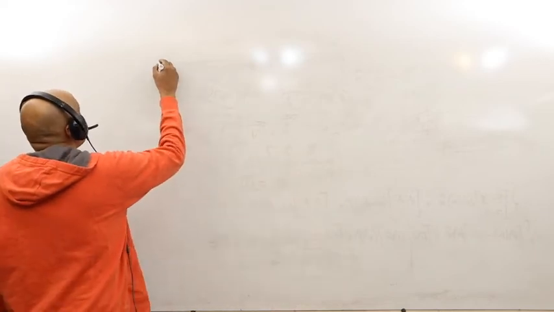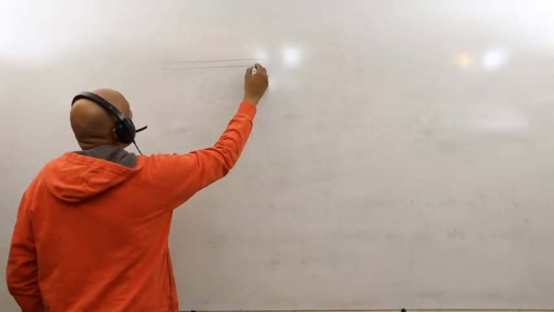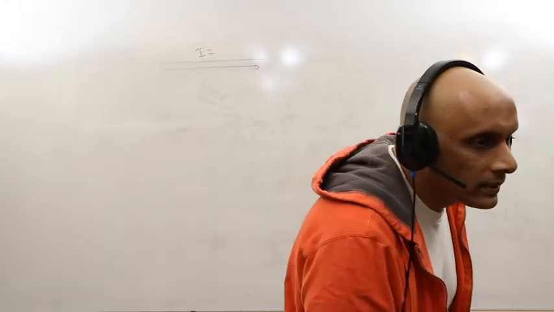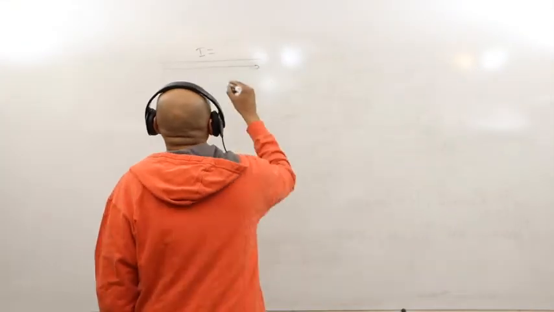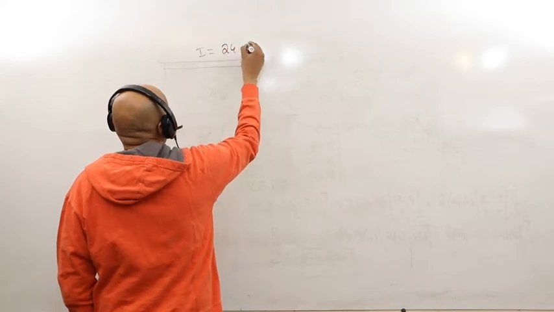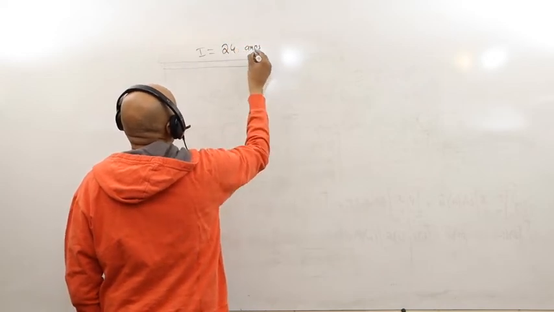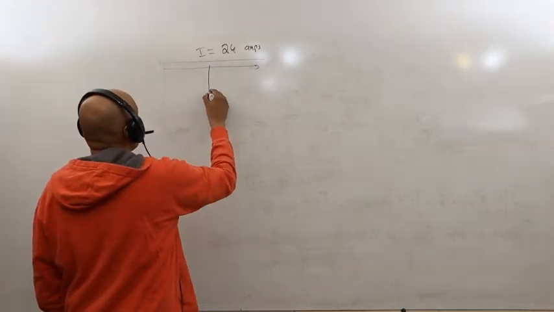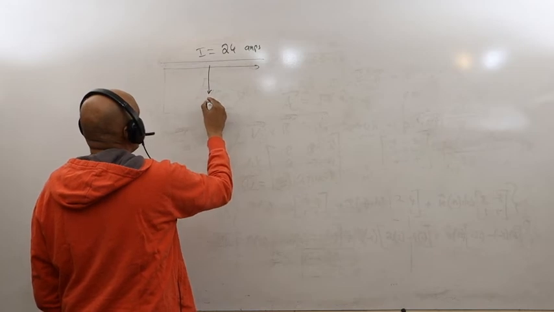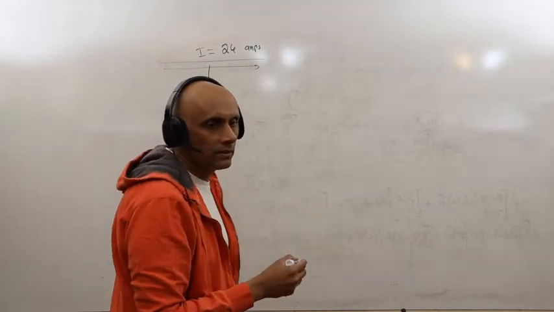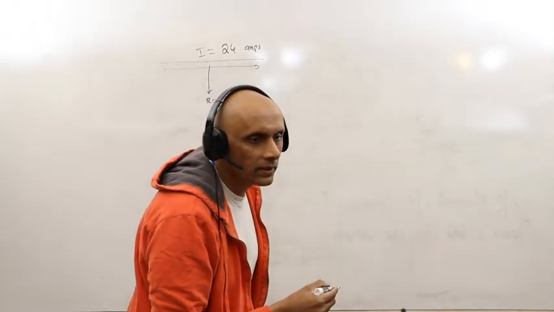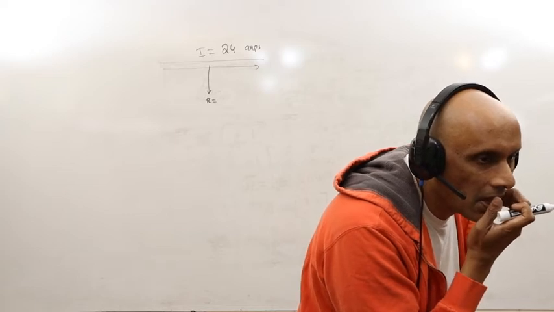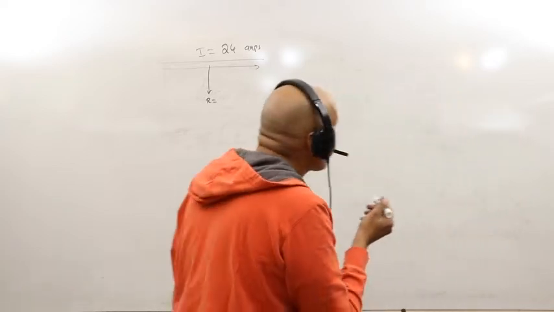So here's our wire. It's carrying a current of 24 amps, 24 A. And it's at a distance of 4.3 meters.